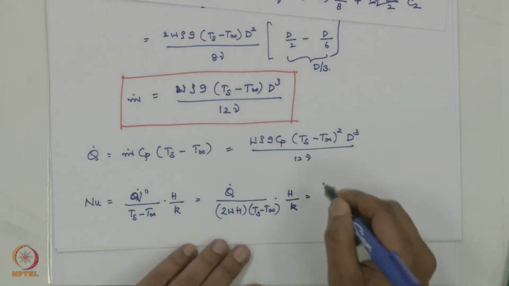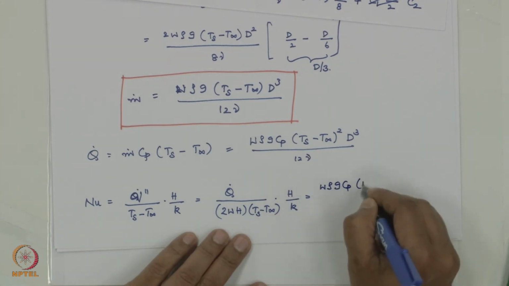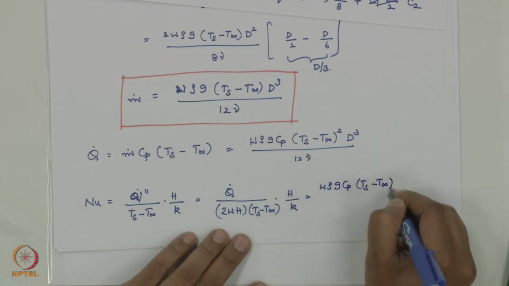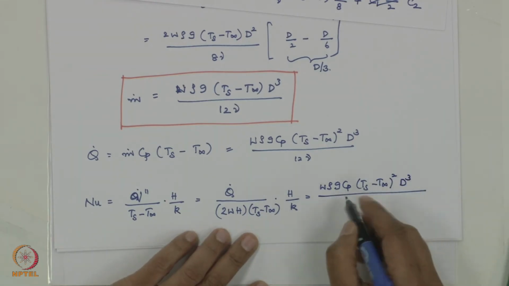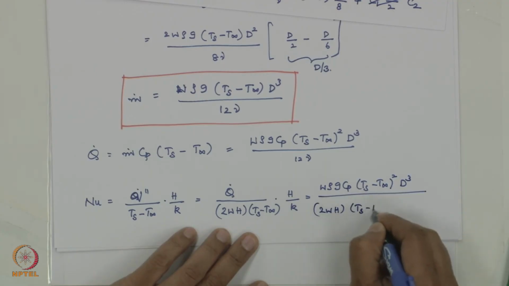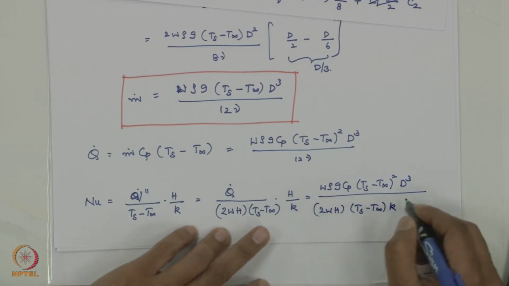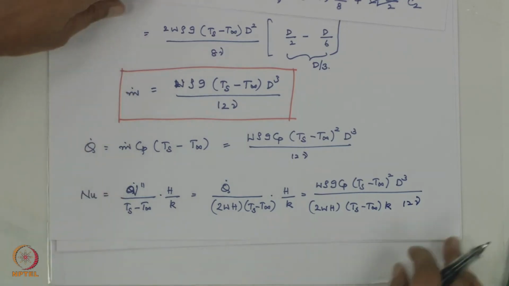So that is q dot I have already found. So that is w rho g Cp into Ts minus T infinity squared into d cube upon 2W d into Ts minus T infinity into k into 12 nu. Okay. So if you put all of that, what is it that I am getting?